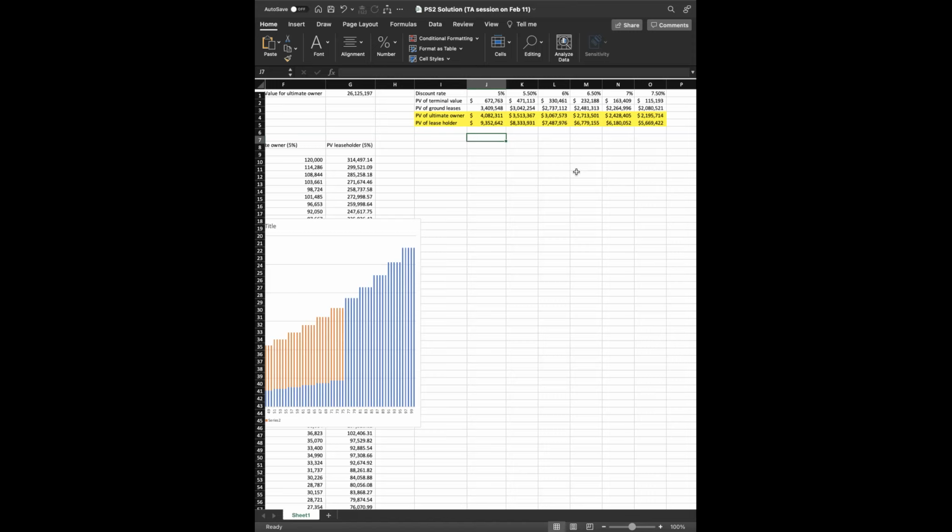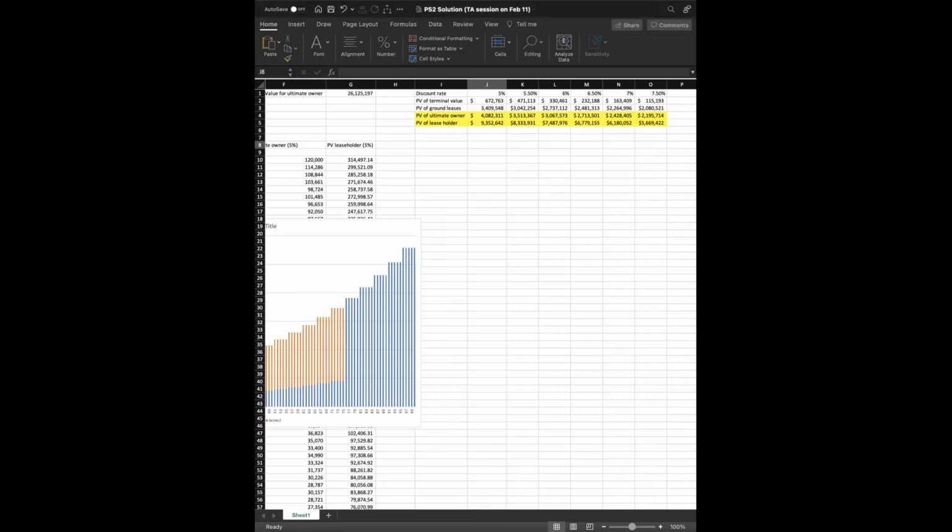The cash flow to the leaseholder would be more volatile, which is related to question 5, because if rent and expenses are both very risky, then the NOI should be riskier. That also makes sense to me. I think it's also very fun to think about it from this perspective. If you just want a very safe asset, you might really want to be the ultimate owner, although the present value is not that high.